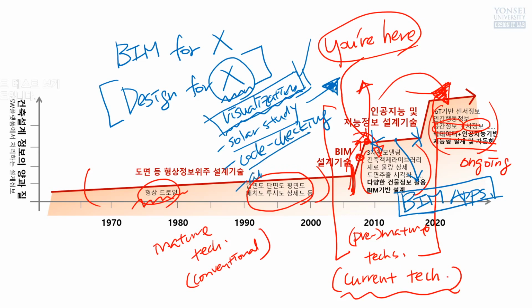And area calculation. In other words, architectural program review. Sometimes your area calculation is very critical.